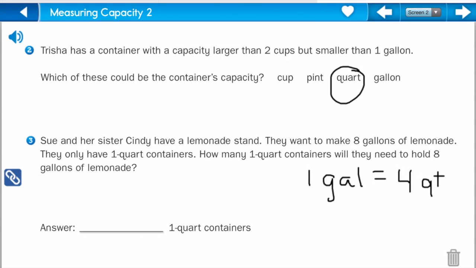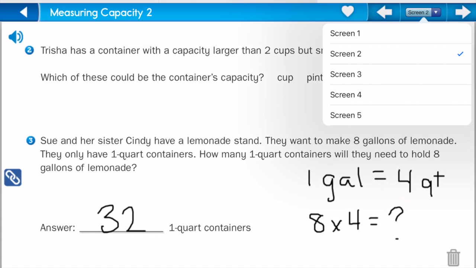Okay. So they want to make 8 gallons of lemonade, and they only have 1-quart containers. So what kind of problem do you think this is going to be? Yeah, it's going to be a multiplication problem. So we're going to need to take 8 times 4 equals the 1-quart containers. So what is 8 times 4? Yes, it is 32.